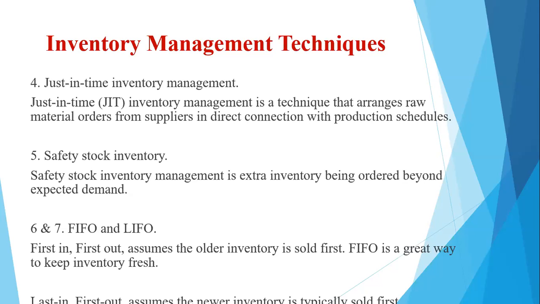Whereas in case of FIFO, it won't be at the latest cost, it would be with the historical cost of inventories. So that's how, when we speak about LIFO and FIFO, these are the methods being used to determine the cost of inventory that is being issued to the production department.